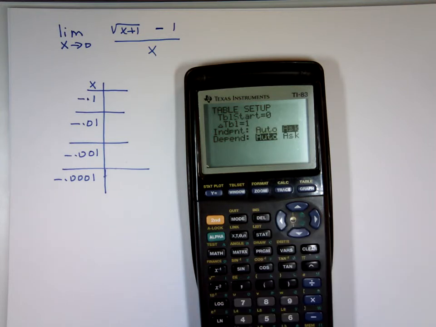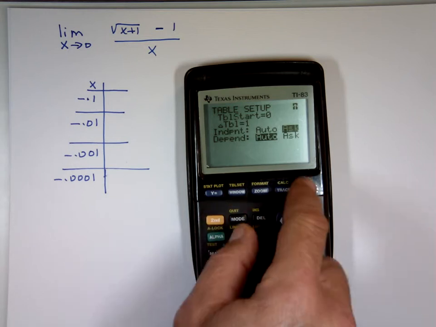That's for the independent variable. That's for x. I want that to be an ask, and you hit enter. Now you're done. Leave the other one alone. Go back to table now and start typing your numbers.